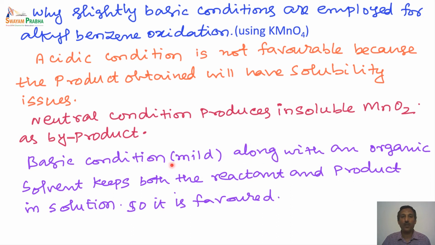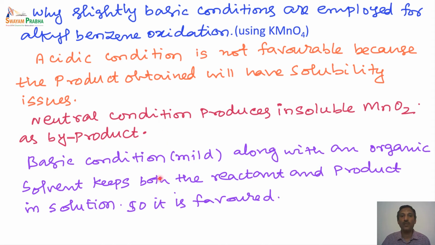In this case, the product, that is the carboxylic acid, is soluble, because in basic conditions the carboxylic acid is present as the sodium salt or whatever may be the corresponding counterion present in the basic condition. So the carboxylic acids are soluble in the basic medium, in organic solvents and water, because when we do this reaction, the solvent mixture contains water and the organic solvent to keep the alkyl benzenes in solution.